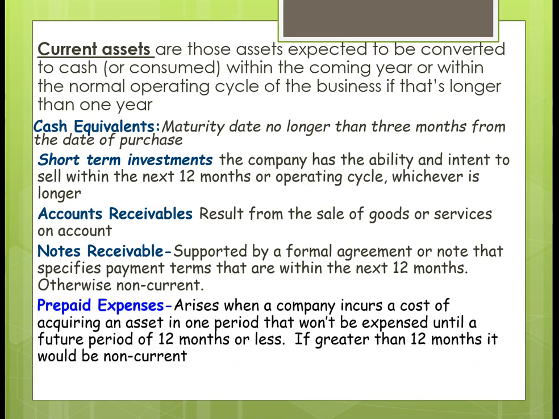These arise when a company incurs a cost of acquiring an asset in one period that won't be expensed until a future period of 12 months or less. If greater than 12 months, again, this would be non-current. So those are some of the categories under current assets.